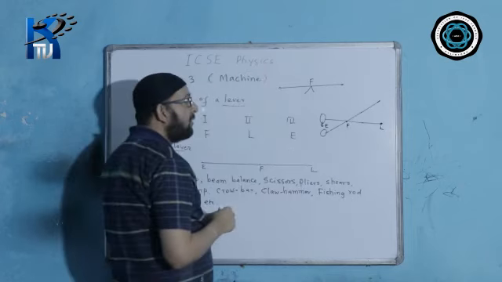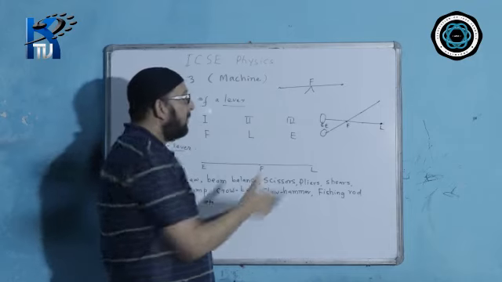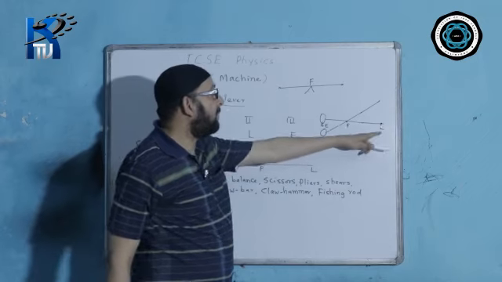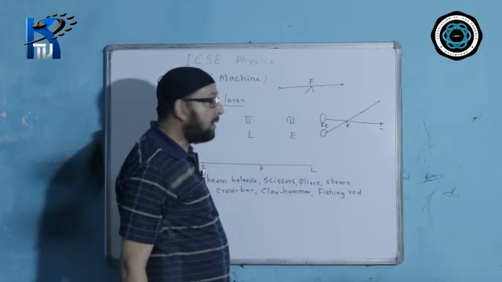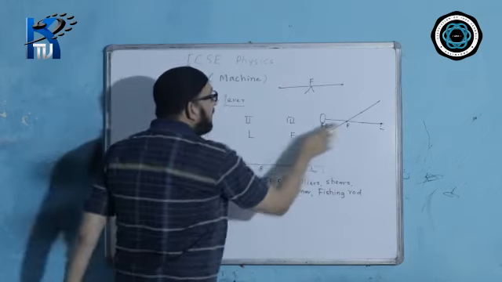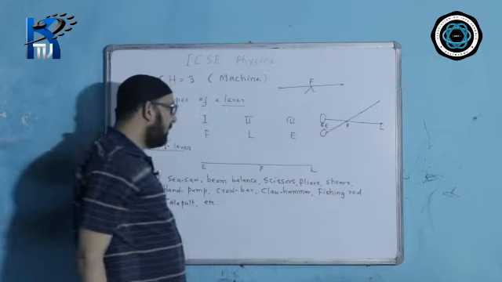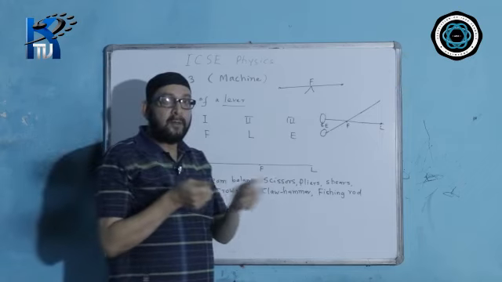So the fulcrum is situated in between. To cut some piece of paper or clothes, the paper and clothes are the loads, which are cut by applying an effort through the handle, and there is a blade to cut it. Pliers, you all must have seen pliers.